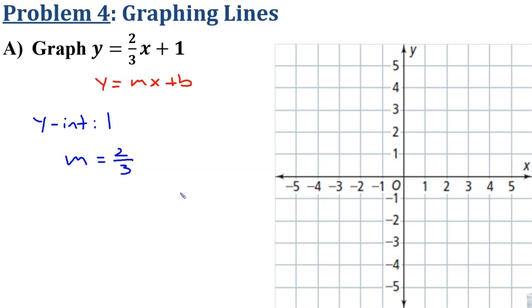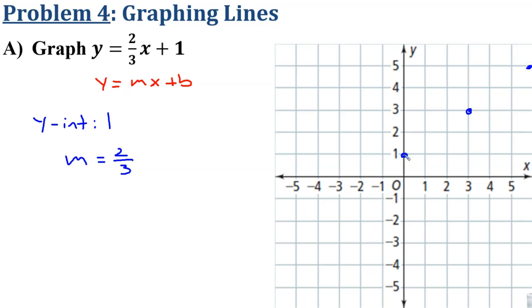So what I'll do to graph this is put a point on the y-intercept. I'll go over to the y-axis, find the 1, and plot a point. And then to continue the line, we'll just follow the slope. It's 2/3, so from that point, we'll go up 2, so rise of 2, over 3. And then we can just continue that, up 2, over 3.